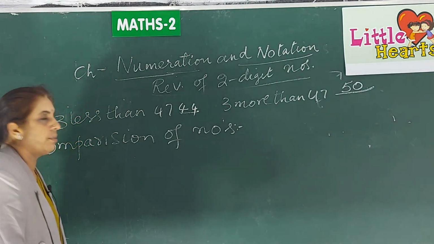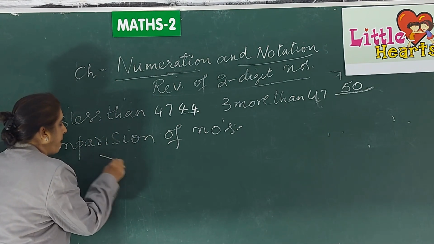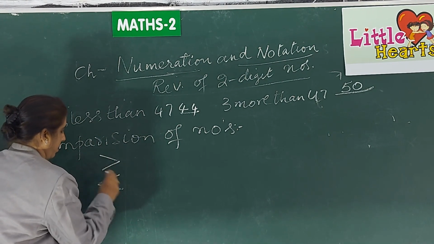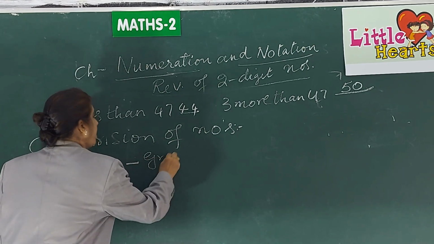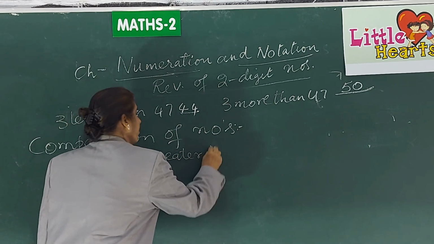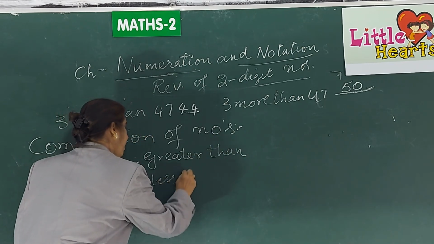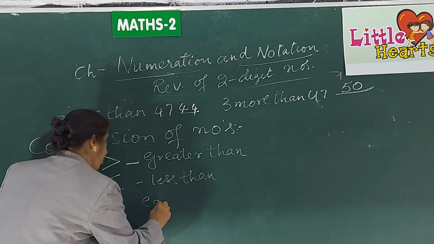Comparison is done using symbols. There are 3 symbols for comparison: greater than, less than, equals to.